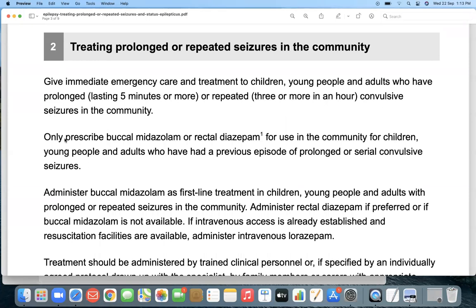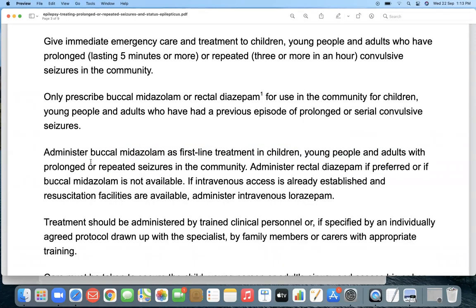Convulsive seizures in the community. See here it's written, only prescribe buccal midazolam and rectal diazepam for use in the community in children, young people and adults who have had a previous episode of prolonged or serial convulsive seizures. Administer buccal midazolam as first line treatment in prolonged or repeated seizures in the community.